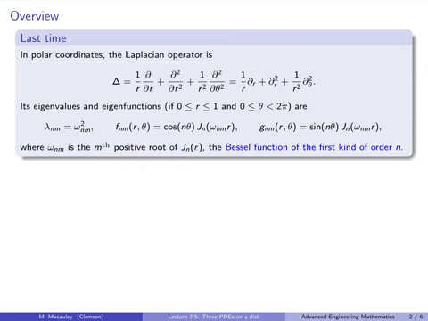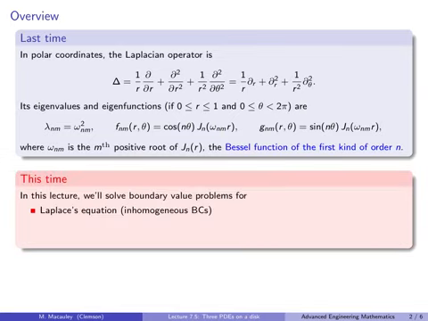Slightly differently, if you have a disk of radius a instead of 1, then you divide by a: you have omega over a squared for the eigenvalues, and omega over a in here.